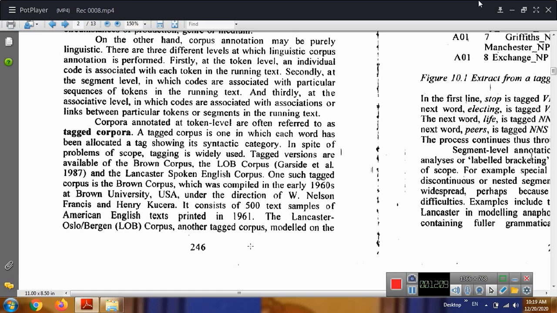The Lancaster-Oslo/Bergen, or its abbreviated form, LOB corpus, is another tagged corpus.